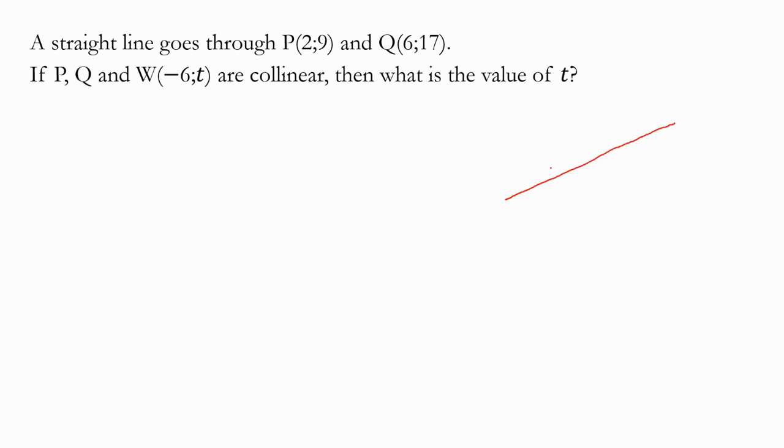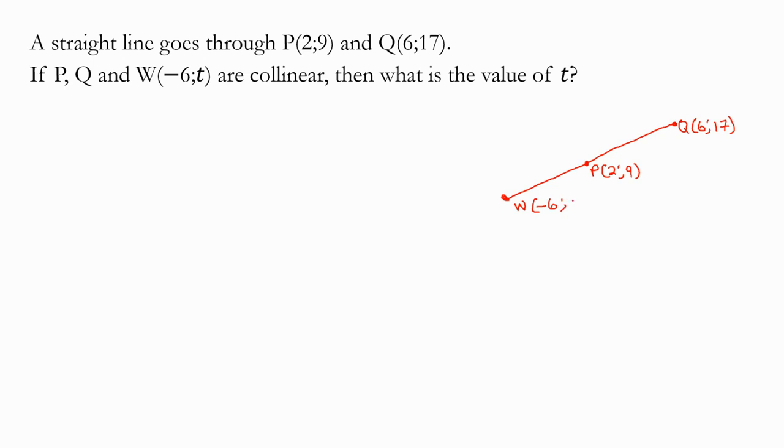Let's say now we have our 3 points. Let's say this is P, and the coordinates there are 2, 9, and then we have Q with these coordinates, and then we have W with these coordinates.